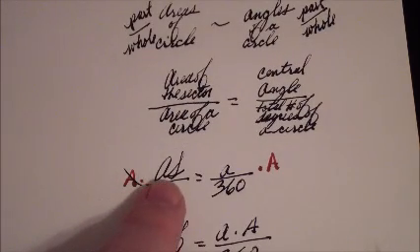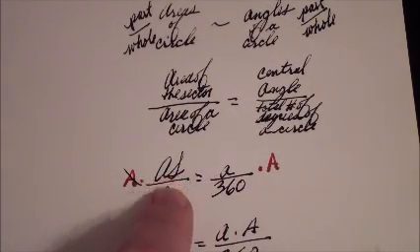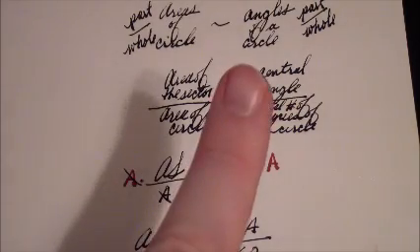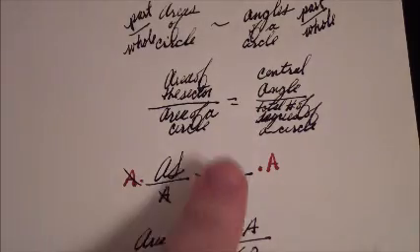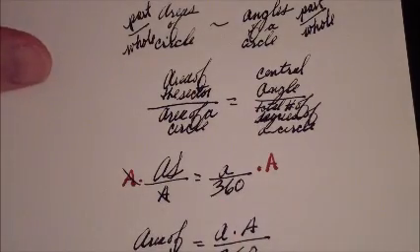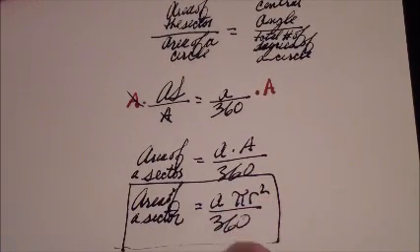And so that's how we have it: the area of a sector divided by the area of a circle is equal to the central angle over 360 degrees, the degrees of a circle. Once we do some basic math, we see that the area of a sector is equal to A times pi r squared over 360.